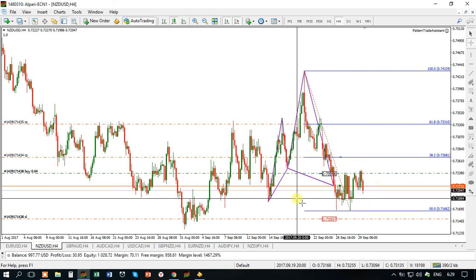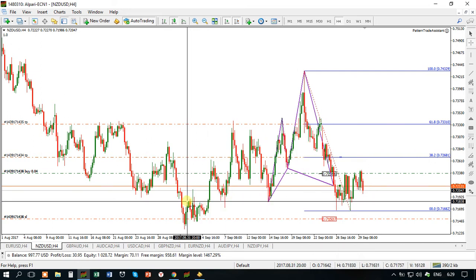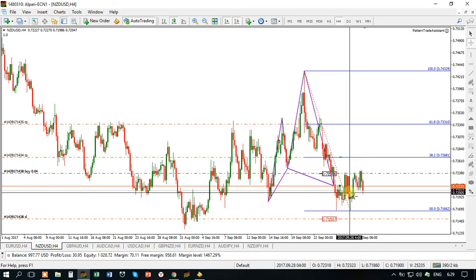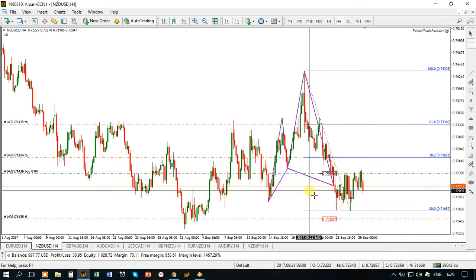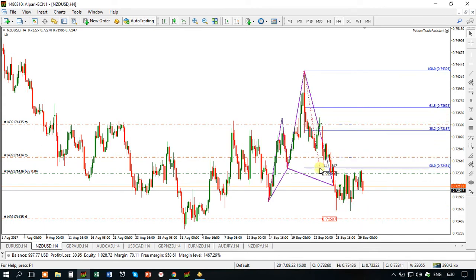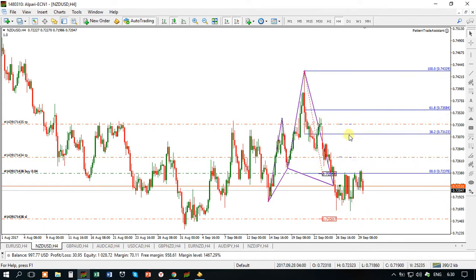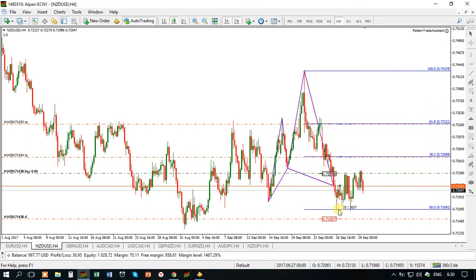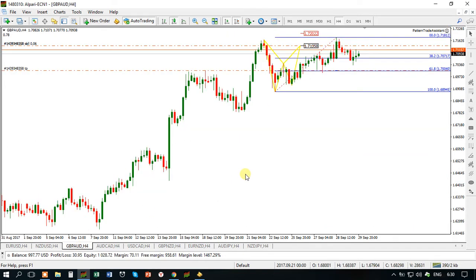As I told you, this support looks pretty decent. So we have the spikes, and then we go higher. Note the target adjustment. Initially the targets are set this way, 382 and 618, and as price goes deeper, targets should be adjusted. They are done automatically by Pattern Trade Assistant, so I don't need to sit in front of my computer all day long.